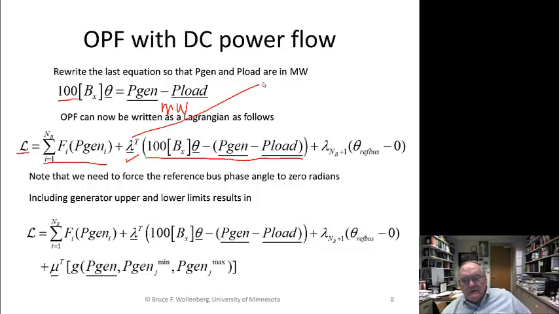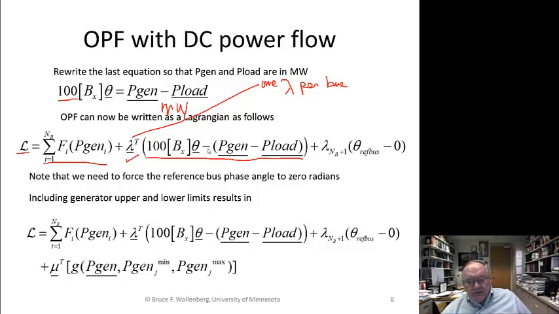So let me just say this: there's one lambda per bus. Just keep that in mind. One lambda per bus, and that's going to be very significant later on.